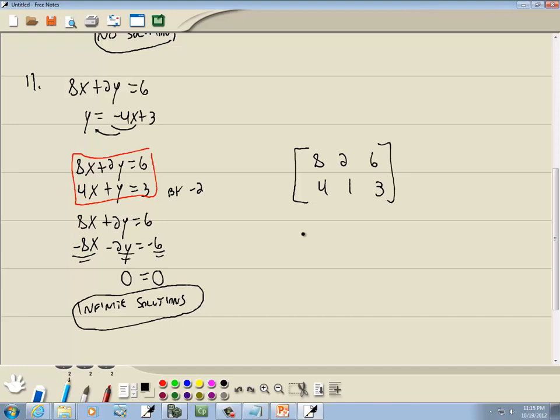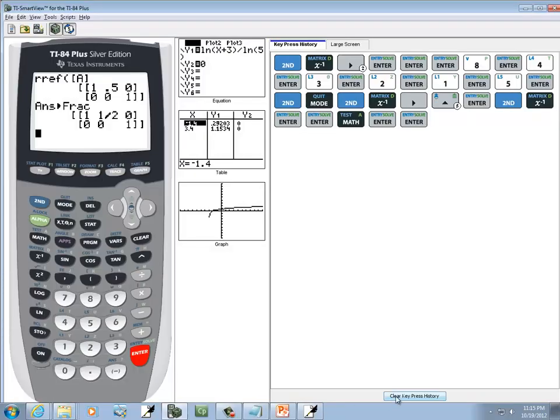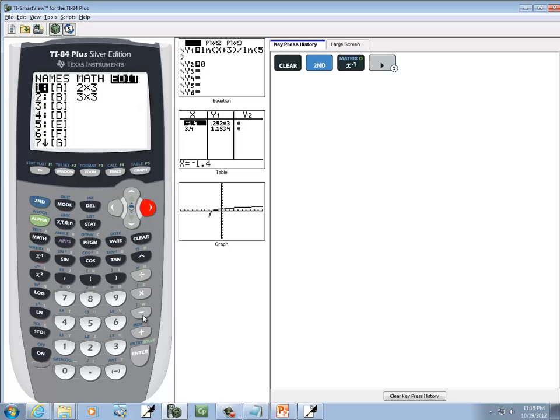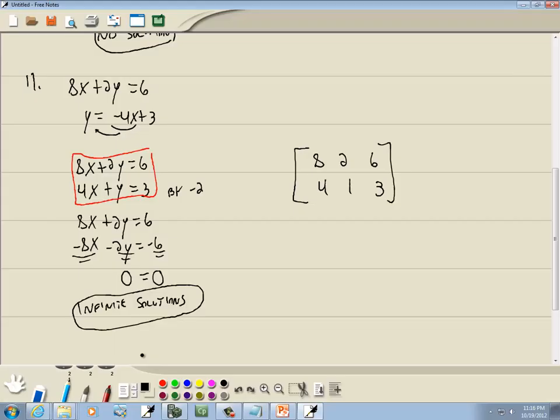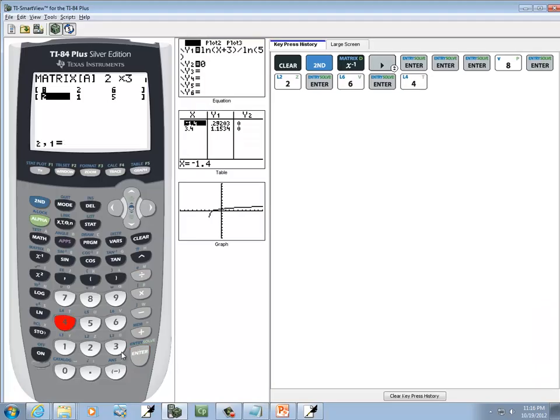And let's see what this looks like when we plug it in. So I'm going to go to matrix menu, second x negative 1, right arrow over to edit, enter on A, enter on 2, enter on 3, and I got 8, enter, 2, enter, 6, enter, and then 4, enter, 1, enter, and 3, enter.